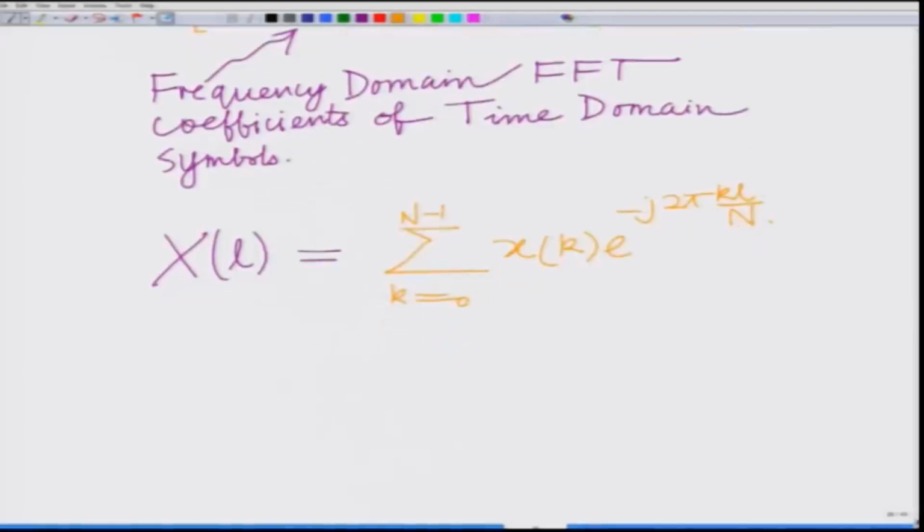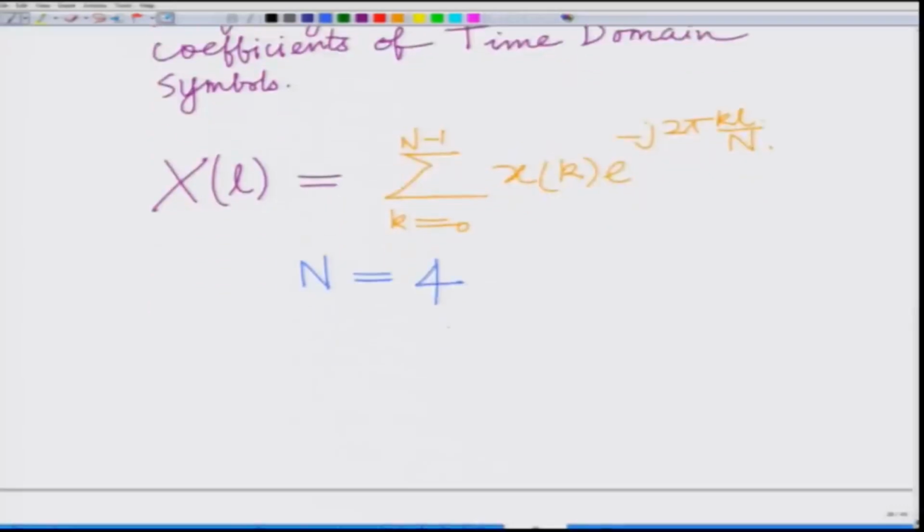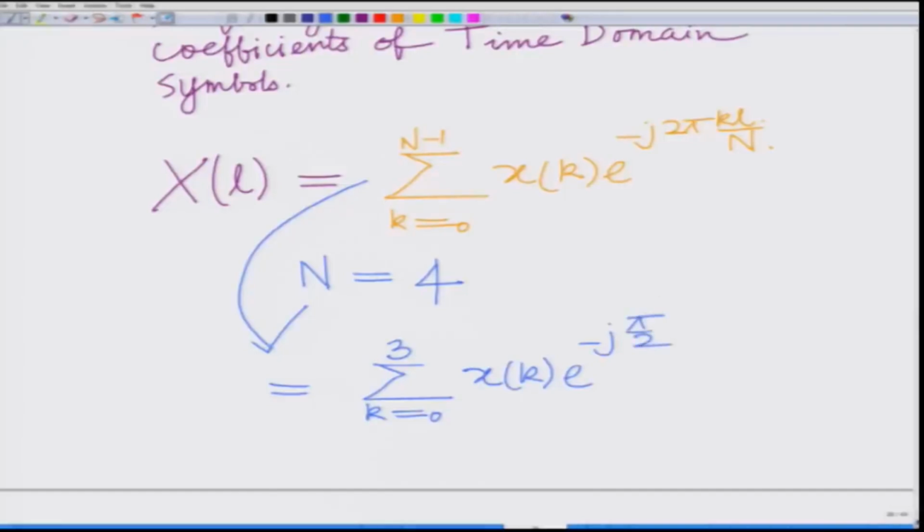Substituting n equal to 4, since we are considering a system with n equal to 4, this is equal to the summation k equal to 0 to 3 of xk e raised to minus j pi by 2 kL.